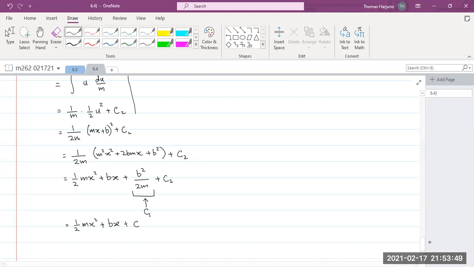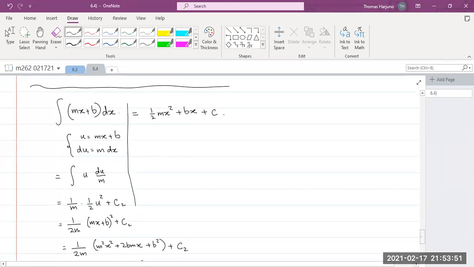Okay, but my point is the following. If the integral of x dx equals 1/2 x squared plus constant, then what will the integral of mx plus b dx be?